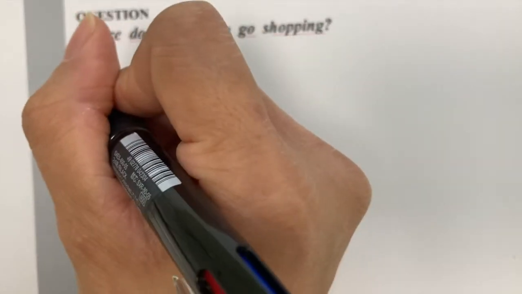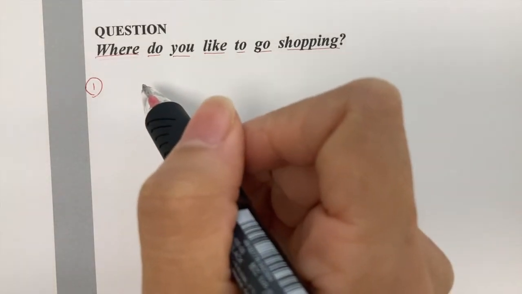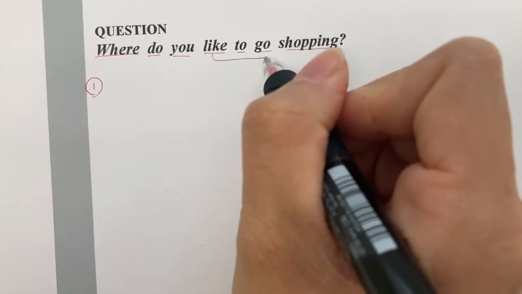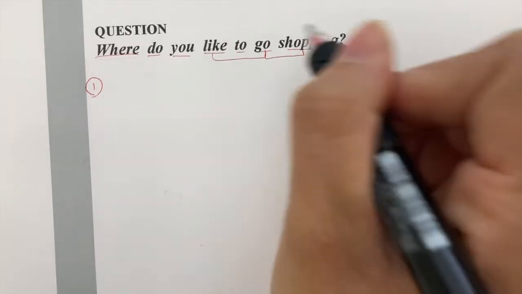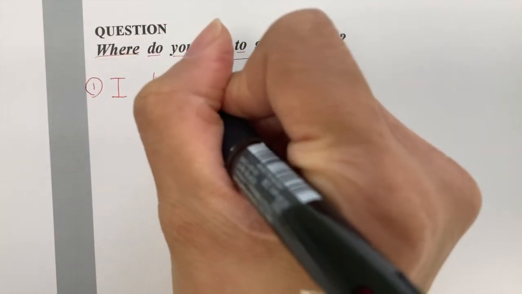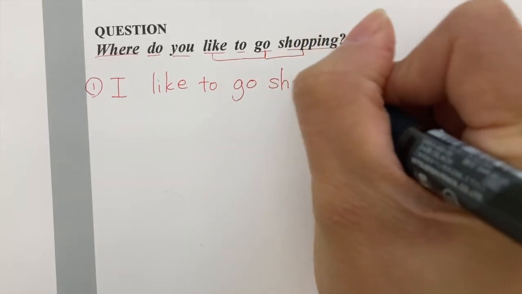So on our first sentence, we answer the question. Oh, is this okay? Can you guys see nicely? Better. All right. Where do you like to go shopping? And then it says like to go shopping. So I'm gonna use this phrase. I like to go shopping.